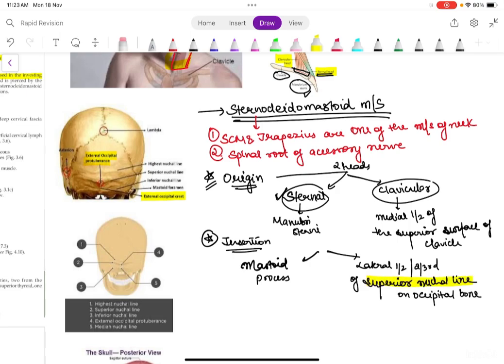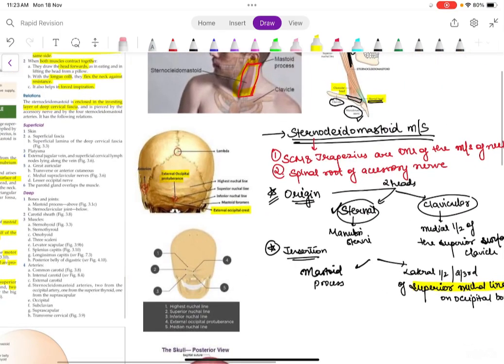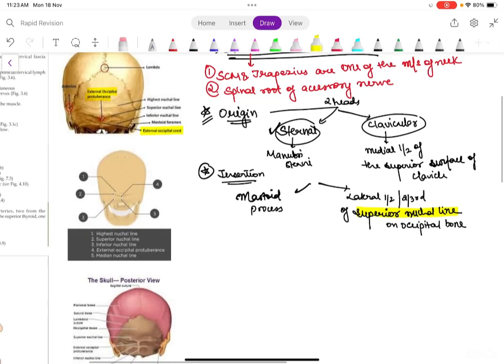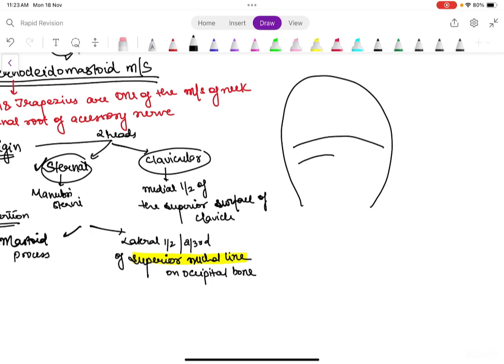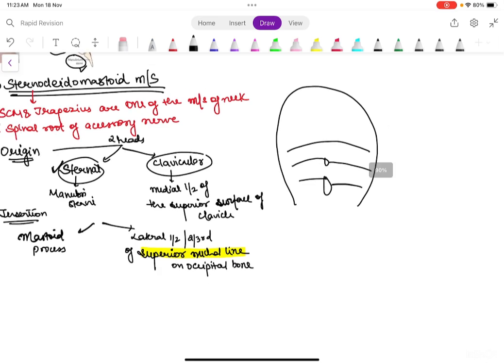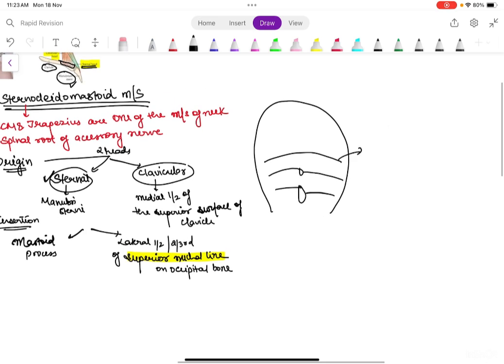Now I will tell you what are the nuchal lines. Now this you need to know. See, I have a skull. I will first help you through one easy diagram. See, this is the skull we have. All right, now what you see is this is the occipital bone, suppose.